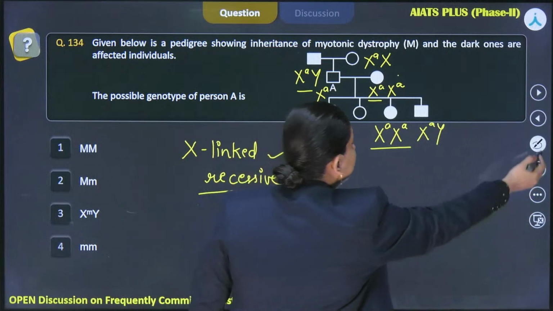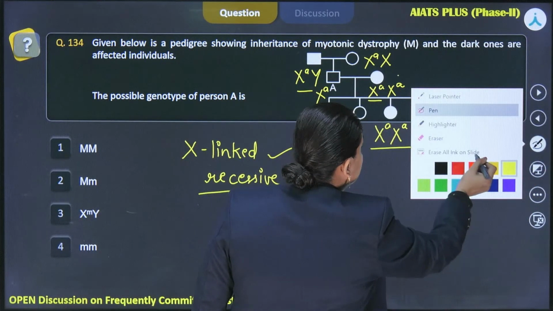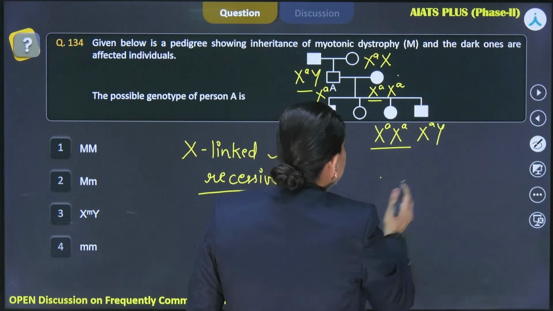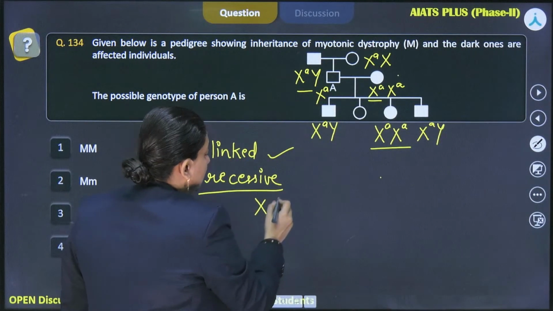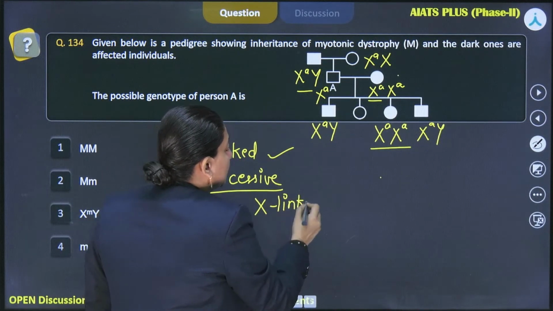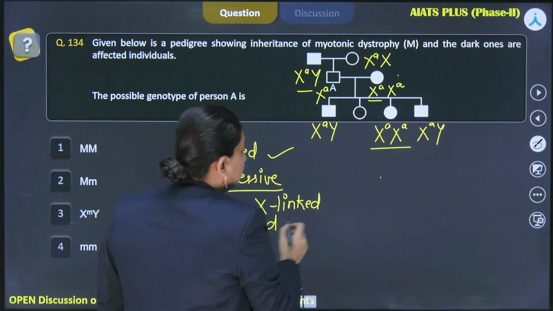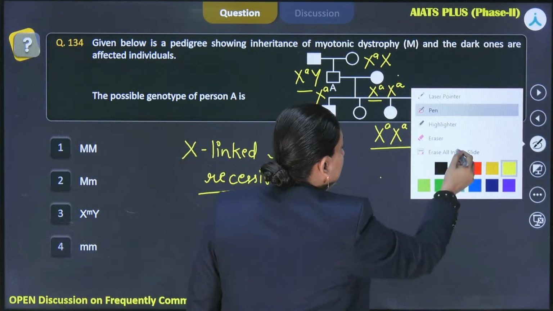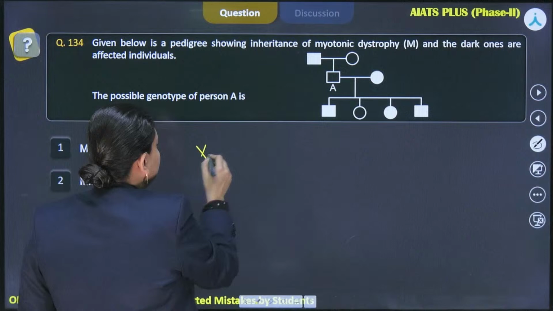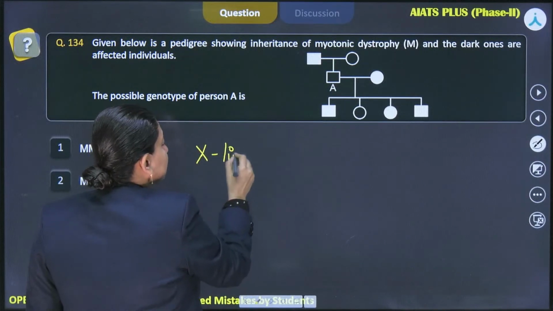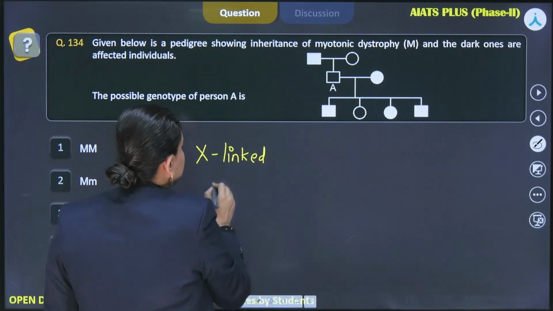Now, on similar grounds, let's consider whether this particular pedigree is true for X-linked dominant, and whether it can suit the X-linked dominant inheritance pattern or not.